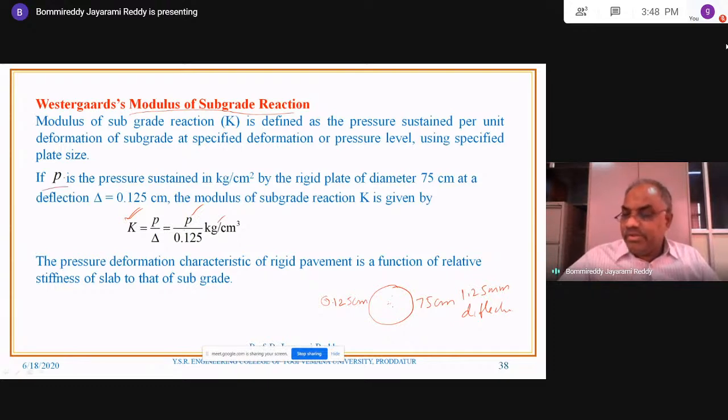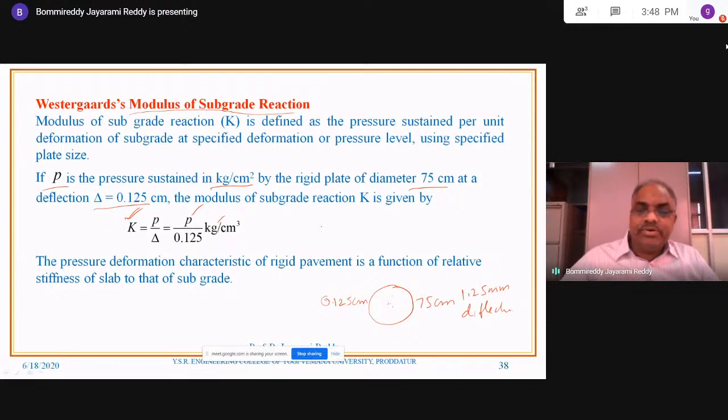You can look here, P is the pressure sustained in kg per centimeter square by the rigid plate of 75 centimeter at a deflection of 0.125 centimeter. The modulus of subgrade reaction is given by.